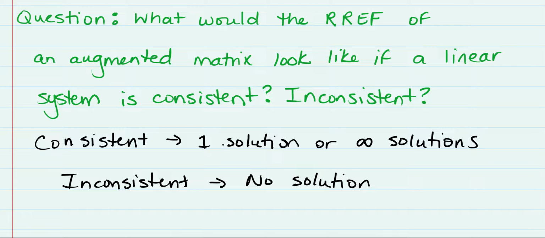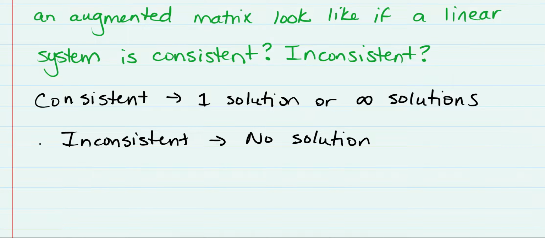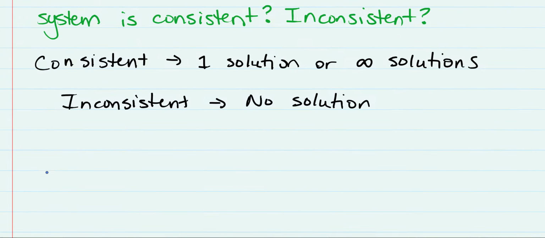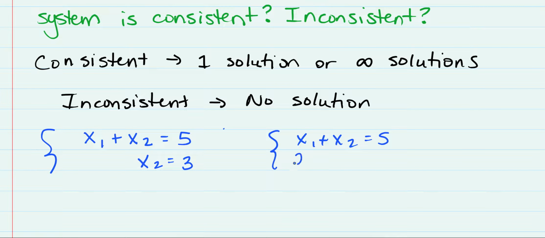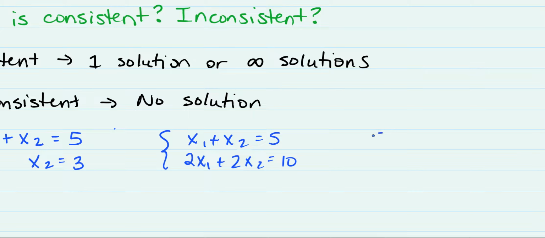Let's start with one solution. We've actually seen this already. Maybe it would be best to just make up an example for two equations with two unknowns. So x1 plus x2 is, let's say, 5, and x2 is 3. That one's easy. And then let's say x1 plus x2 is 5, 2x1 plus 2x2 is 10, and then the last one is going to be x1 plus x2 is 5, and x1 plus x2 is 6.